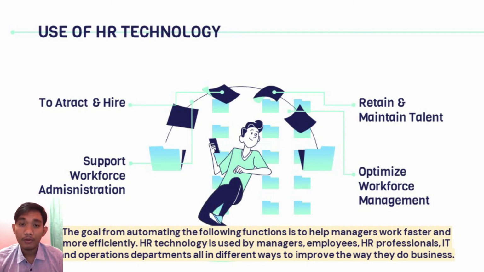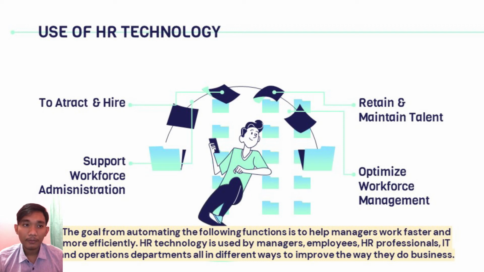Basically, there are four main functions of HR technology. The first one is to attract and hire. The second one is to support workforce administration. The third is to retain and maintain talent. And the last one is to optimize workforce management.